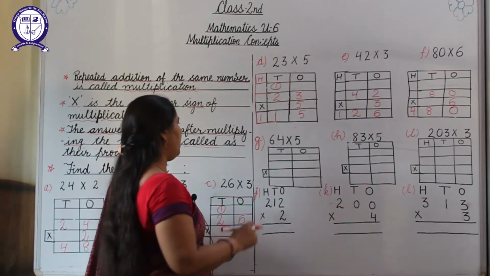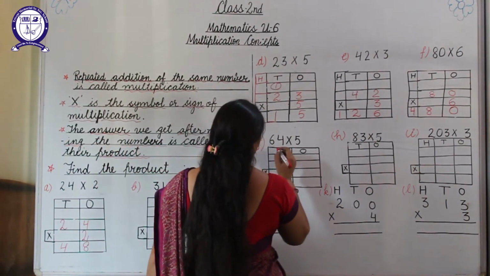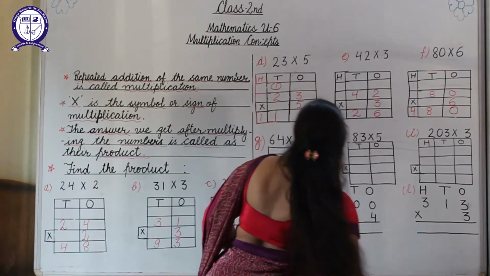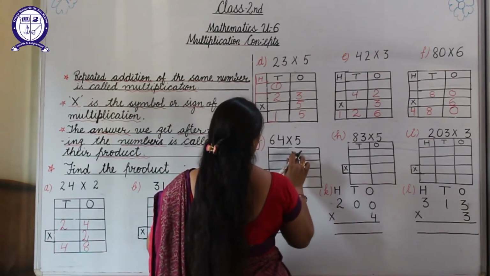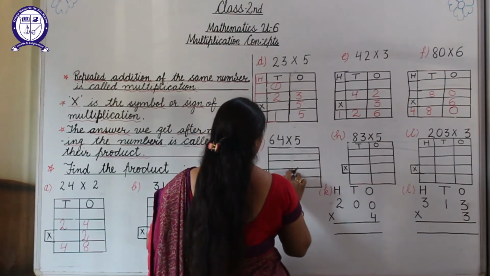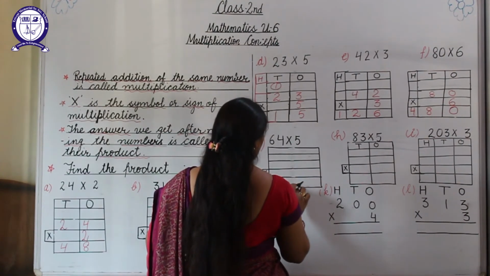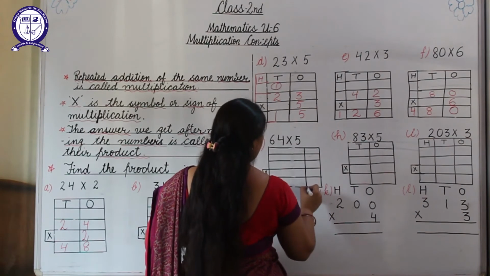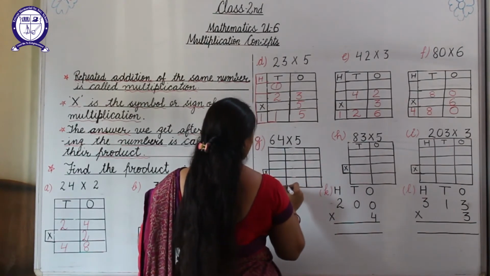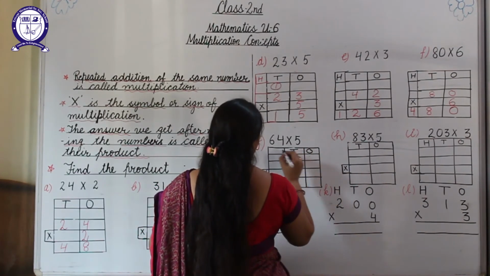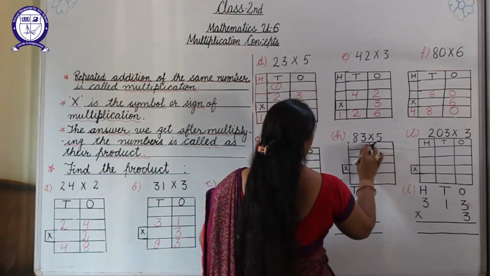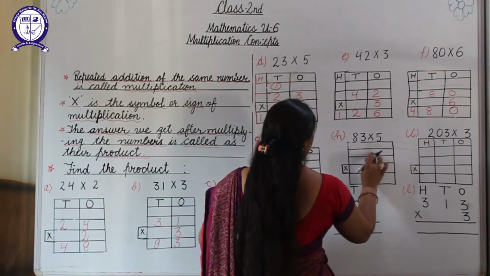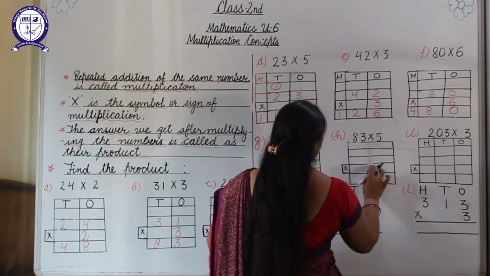64 multiplied by 5. So let's change into 3 columns: ones, tens and hundreds. Okay beta. Like that. Right? Let's revise the next question.